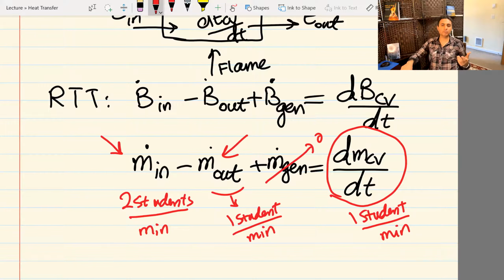This could be applied to energy, to entropy, to everything. If you apply the Reynolds transport theorem to energy, you get the first law of thermodynamics. If you apply it to entropy, capital S, you get the second law of thermodynamics out of it. We're not going to do the second law. We're just going to do the first law, and then that would be our session.